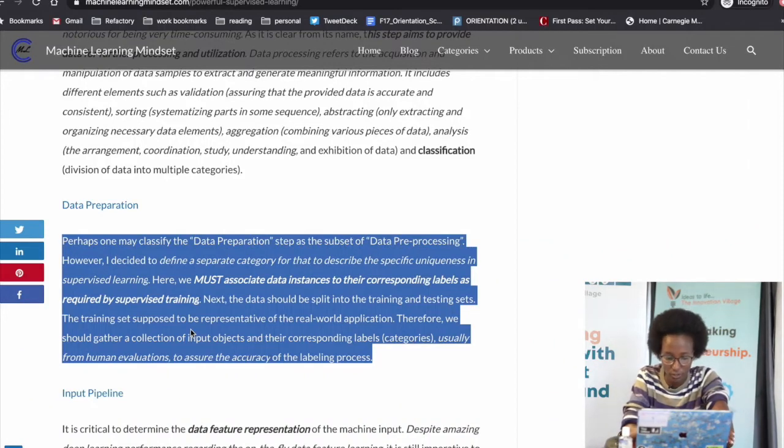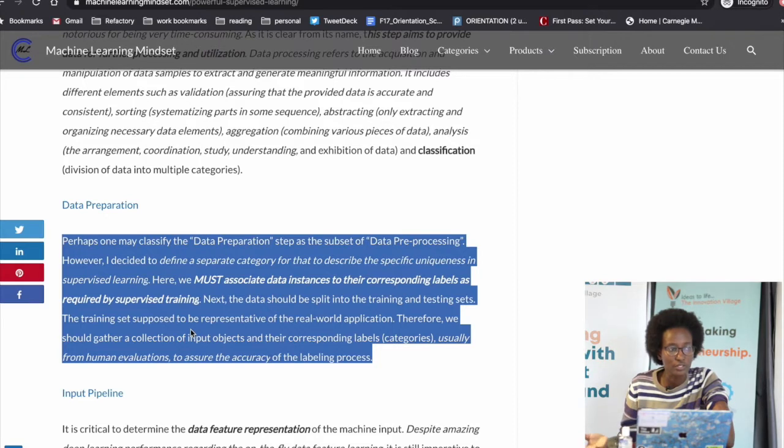We should gather a collection of input objects and their corresponding labels, categories, usually from human evaluations to assure the accuracy of the labeling process. Okay, so they're just saying that, like from the previous example of predicting the housing price of a house based on its size, the size of a garden and the number of rooms, you're just going to get different houses of already known prices.